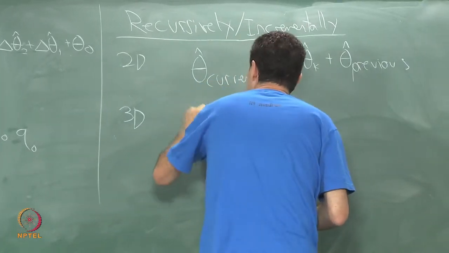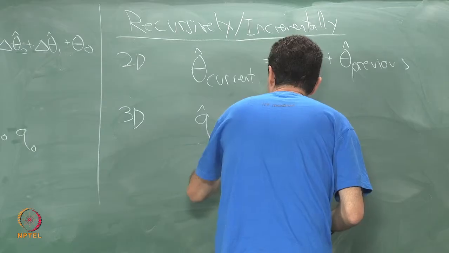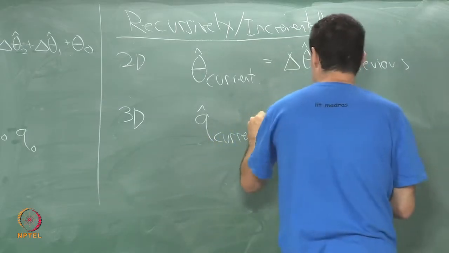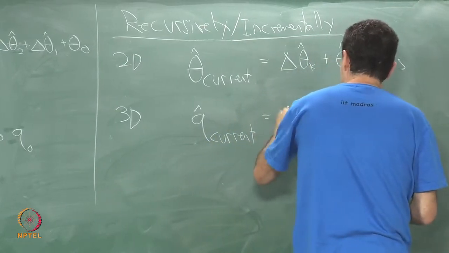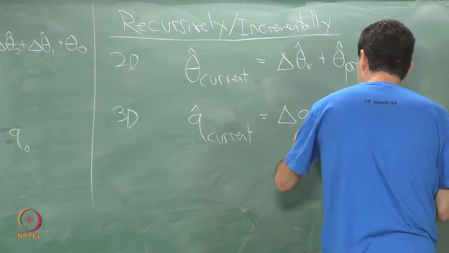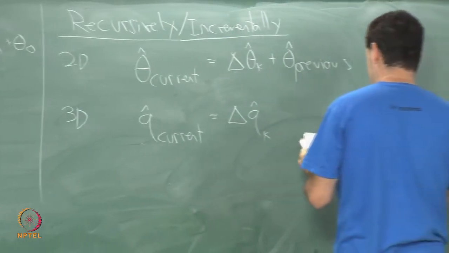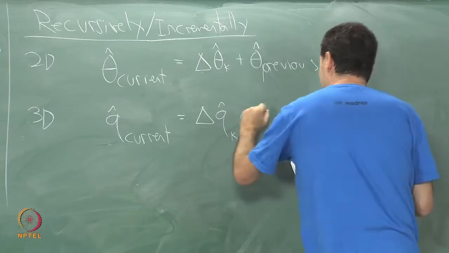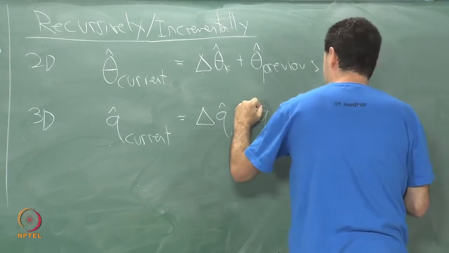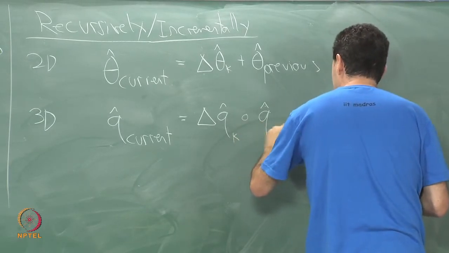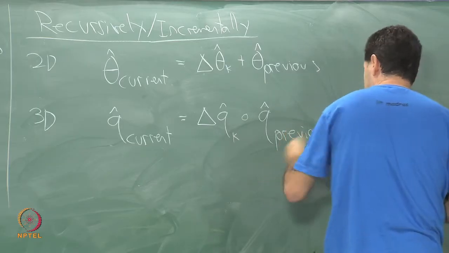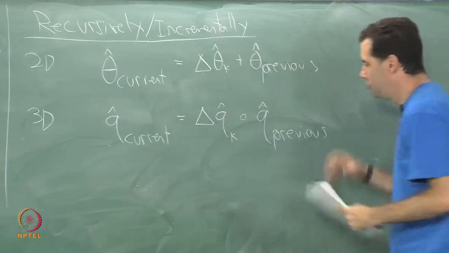In the 3D case, Q current is just equal to the change quaternion producted with my previous estimate. Right, so there's our nice result for the day.